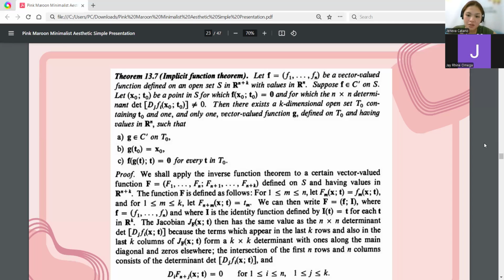The intersection of the first n rows and n columns consists of the determinant of D sub j f sub i at (x, t), and D sub i F sub n plus j of (x, t) equals 0 for 1 less than or equal to i less than or equal to n and 1 less than or equal to j less than or equal to k.